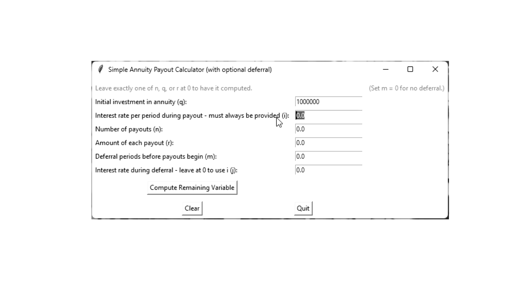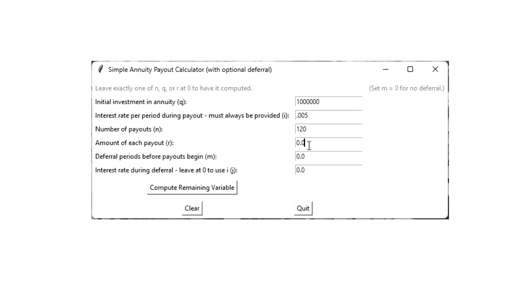Then you have the interest rate per period. So let's say the period is a month. We'll put this in as a rate, not a percentage. And let's say the number of payouts, I don't know, let's put in a big number here: if you wanted to have a payout every month for 10 years, then that would be 120.